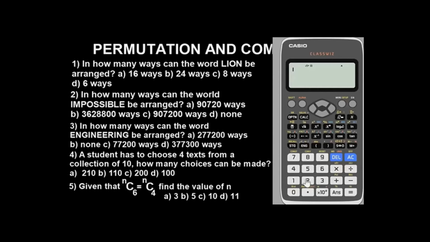So guys, very simple. Let's begin with 3 combination 6. What is it going to give us? Math error. Let's check if 3 combination 4 will still give us math error. 3 combination 4 gives us math error. That means it doesn't work, guys.